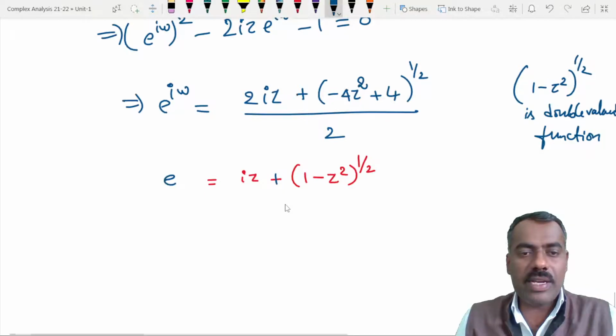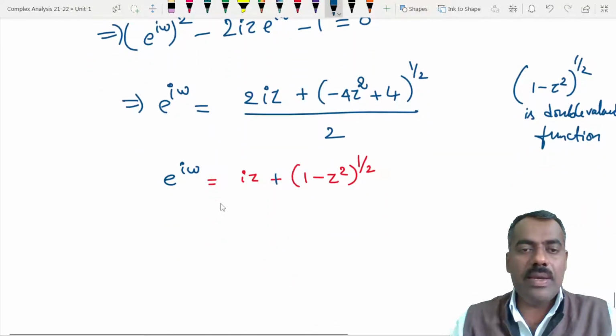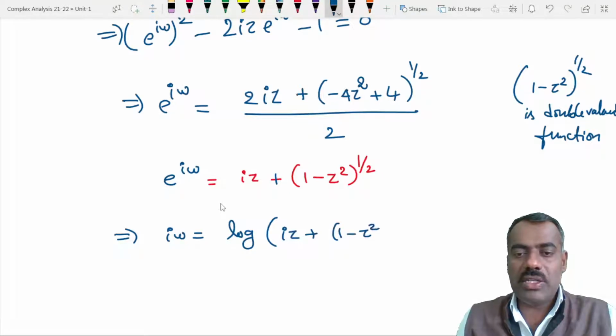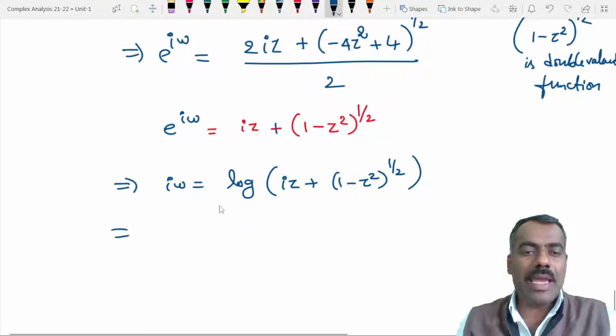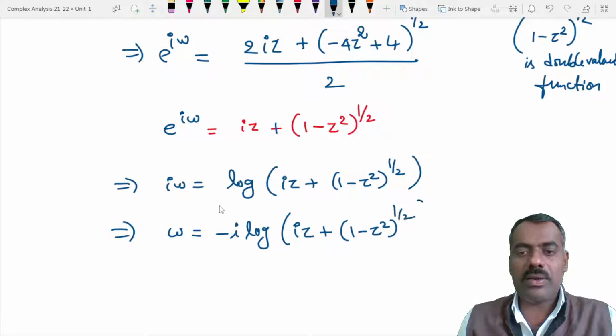So this is e^(iw). Hence iw is log of iz plus (1 minus z squared) to the power 1 by 2. Then multiplying by minus i, we get w equal to minus i log of iz plus (1 minus z squared) to the power 1 by 2.